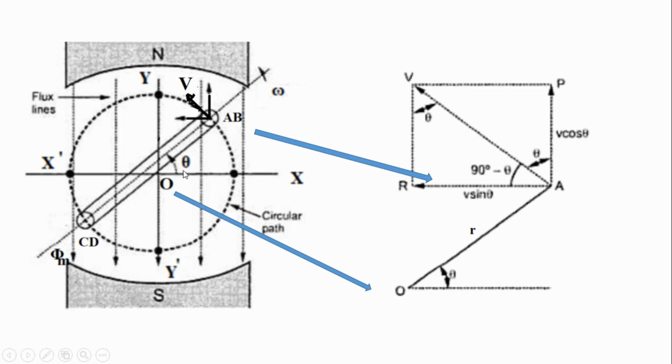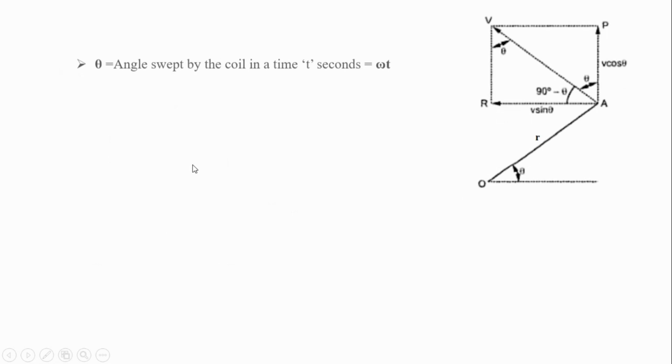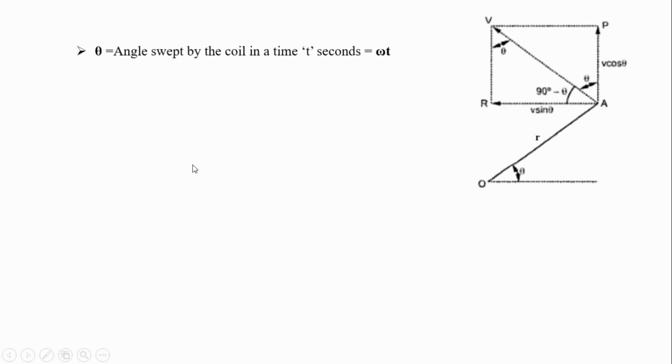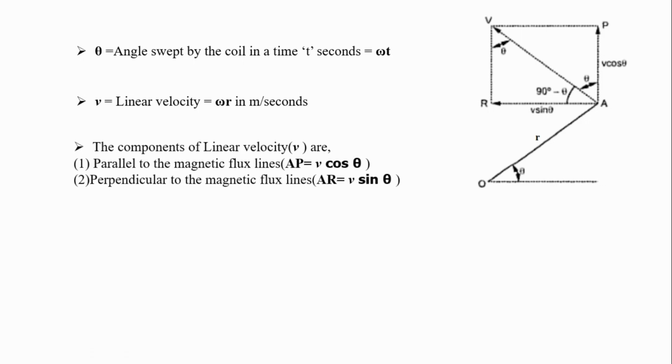The angle theta swept by the coil in a time t seconds is given by theta is equal to omega t. Let v be the linear velocity, as I already told you, that linear velocity is equal to omega into r. So in this figure, we can see two components of linear velocity, that is v cos theta and v sin theta.